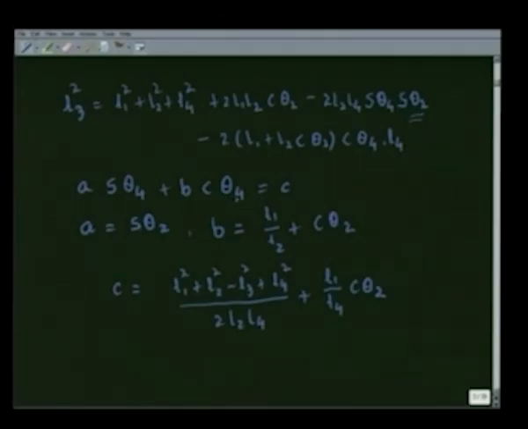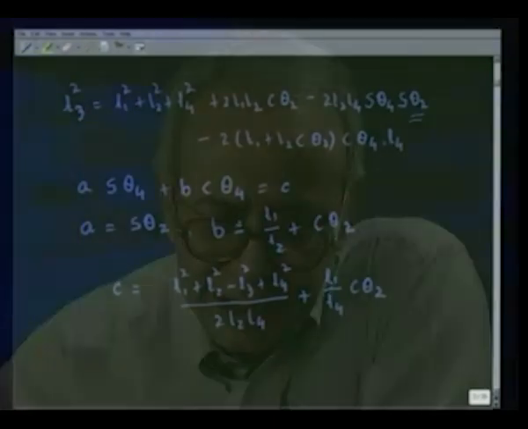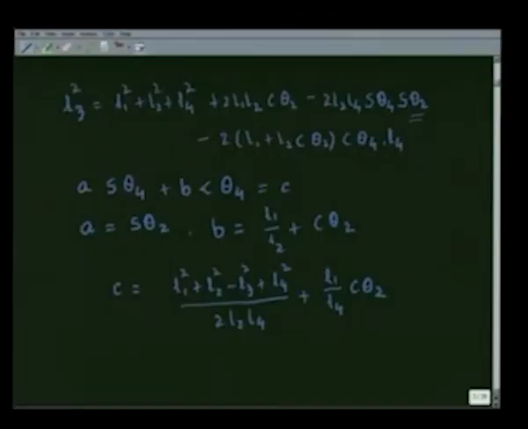But as we see, this is not a linear equation in theta 4 because it involves sine and cosine. To solve this angle theta 4 unambiguously, that is, so that we need not judge in what quadrant the angle theta 4 lies after we get the value, it is always better to replace sine and cosine by the tan of the corresponding half angles.